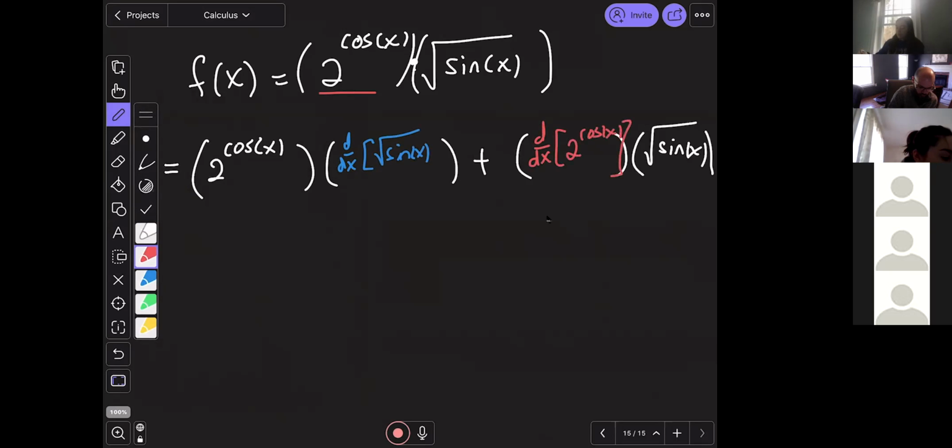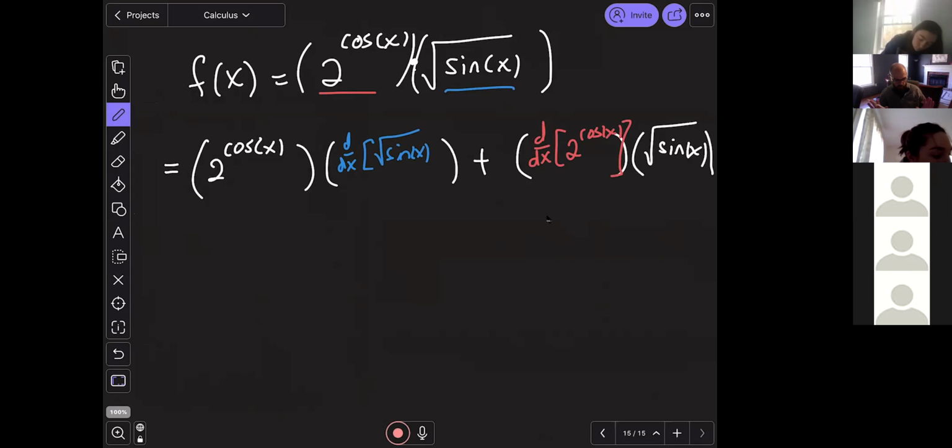In this first part, I've now broken this down and set up my framework. So I've already taken care of product rule. Everything is in there. Now, in order to go a step further, I need to figure out what these derivatives are. At this point, I'm not going to write out the function.